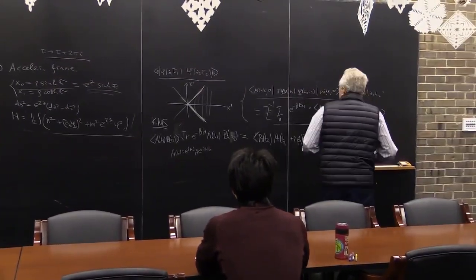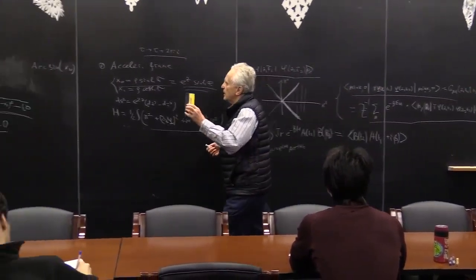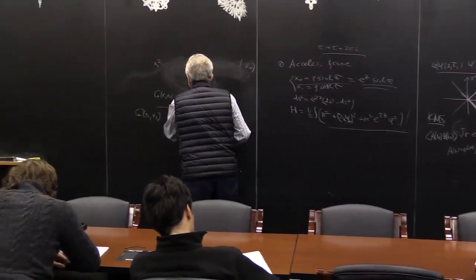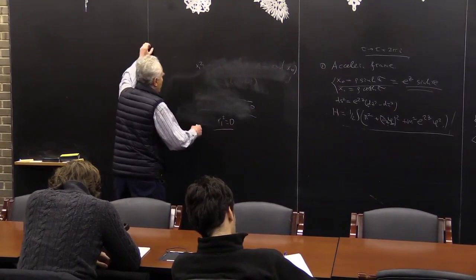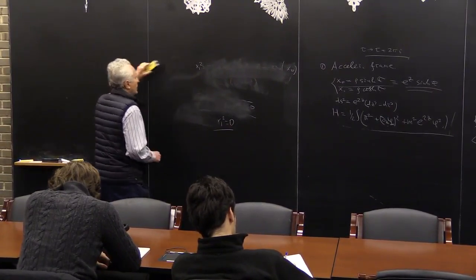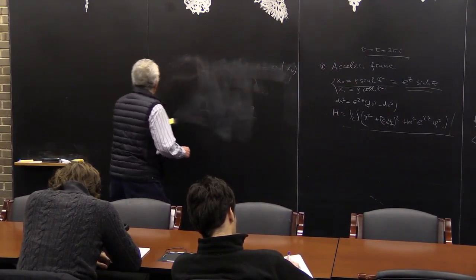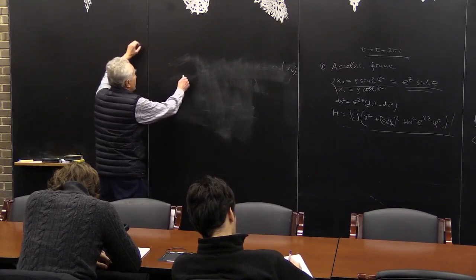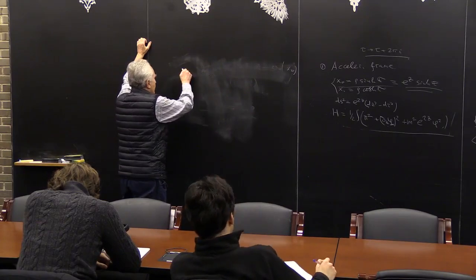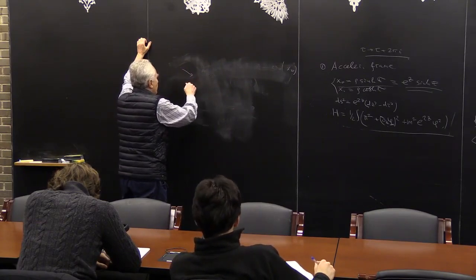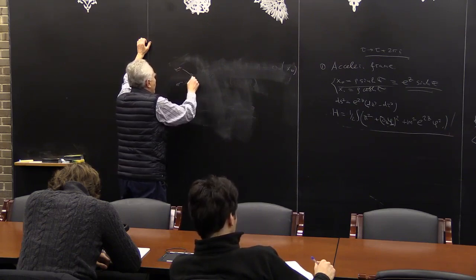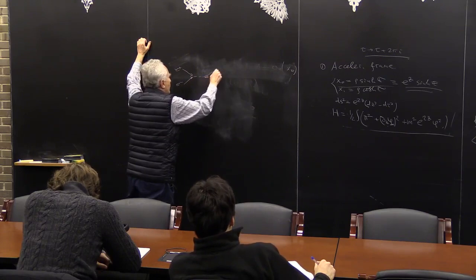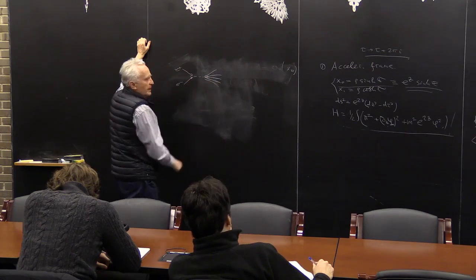Anyway, what is the intuitive meaning of this formula? It's the following. Let's suppose, remember when we discussed conformal field theories, I mentioned the processes when you have e plus, e minus annihilation into many particles.